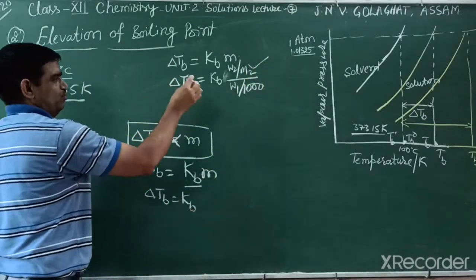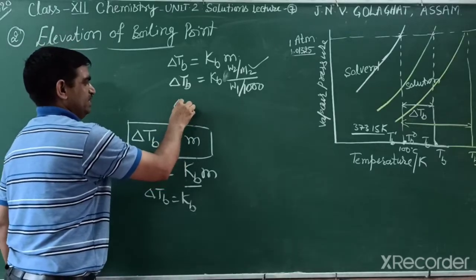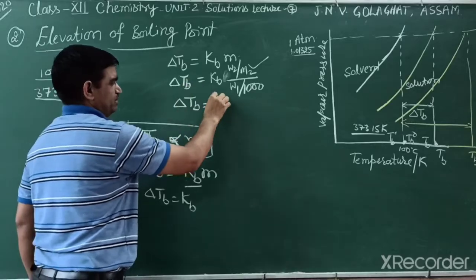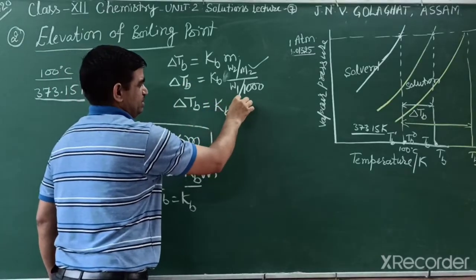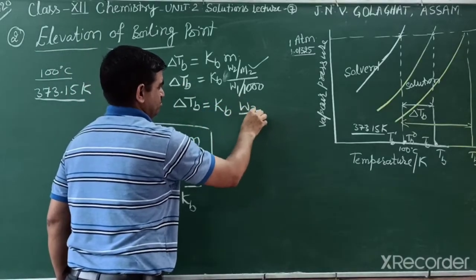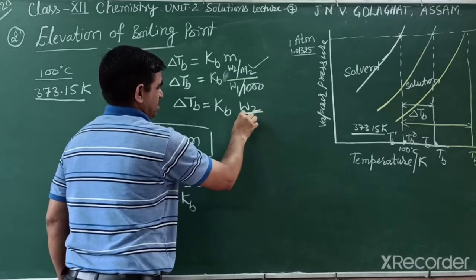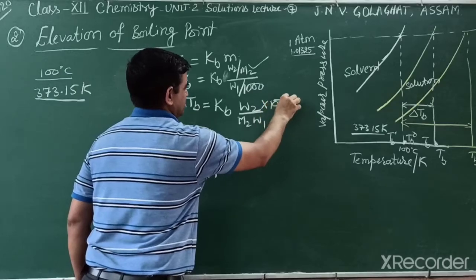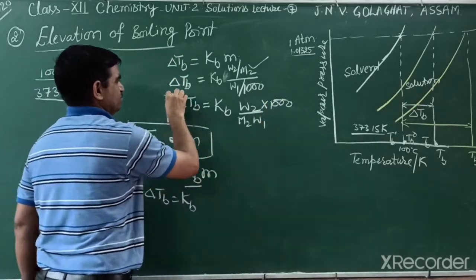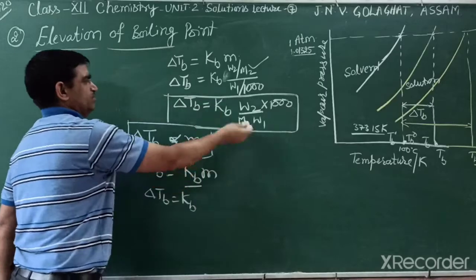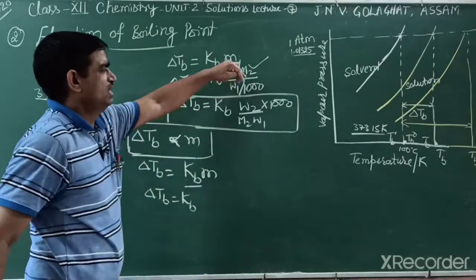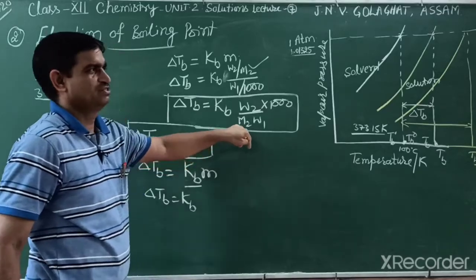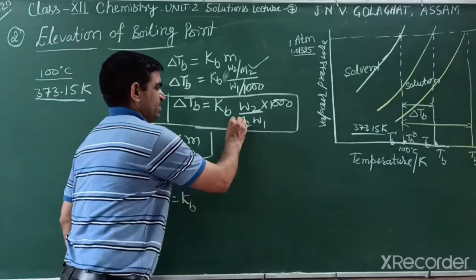We can rearrange: delta Tb, the elevation in boiling point, is equal to Kb W2 by M2 W1 into 1000. In this way we solve the numerical problem. Because 1000 goes upside, M2 comes lower side, and we can find out M2, the molar mass. Our main motto is to find out the molar mass.